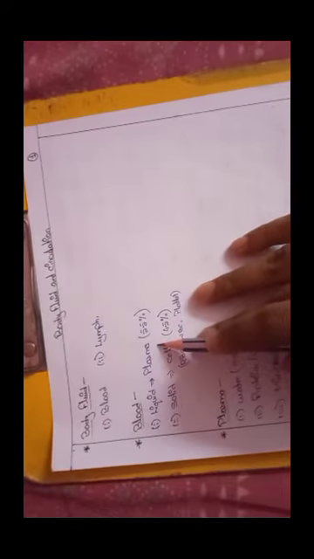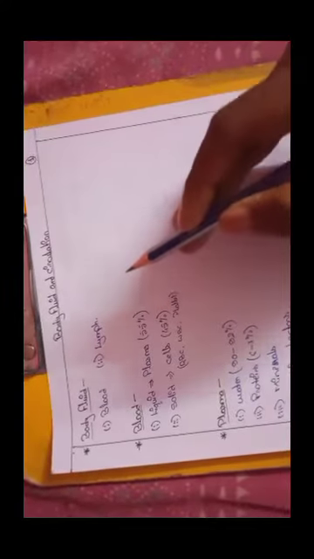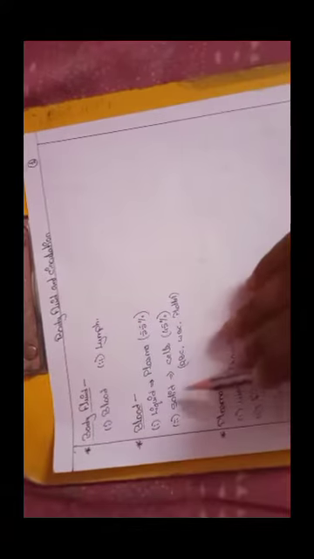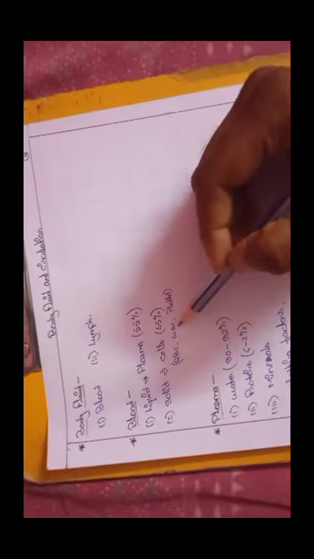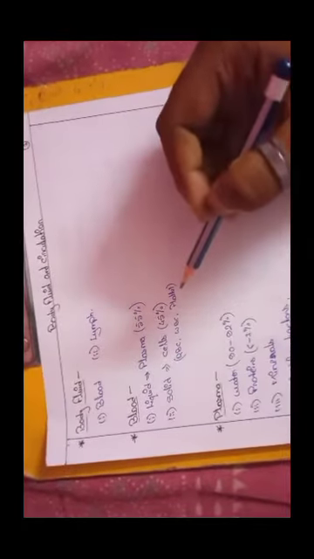The liquid part is plasma, which is 55%, and the solid part has the cells, which is 45%. In cells there are three types: RBCs, red blood corpuscles, WBCs, white blood corpuscles, and platelets.